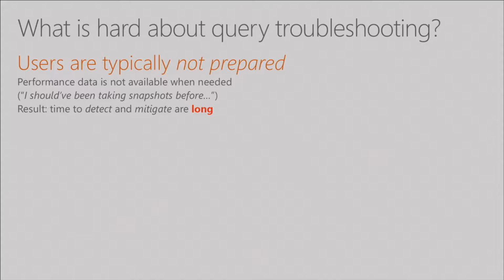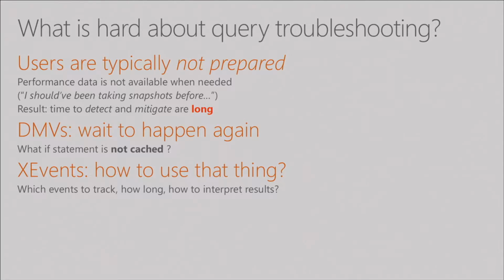They will start taking DMV snapshots. They will start capturing X events or whatever. But in that very moment, they're without data to react. As a result, time to detect and time to mitigate the problem are unacceptably long.